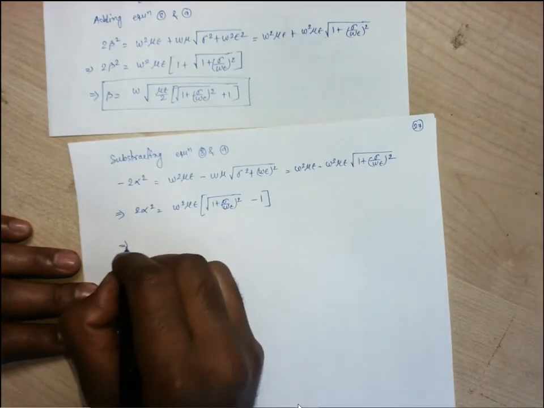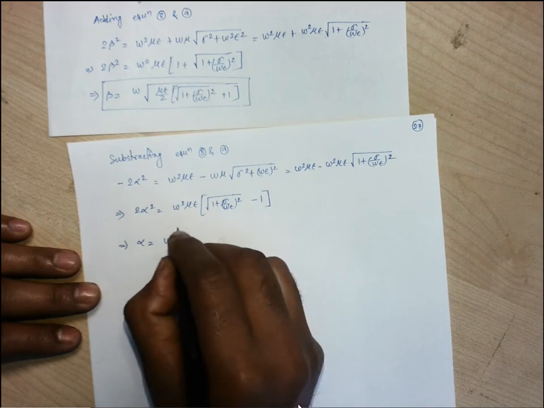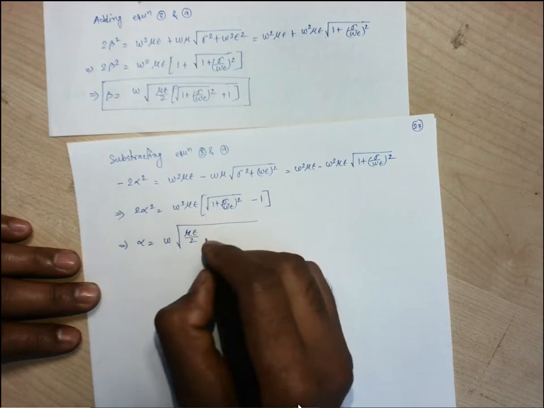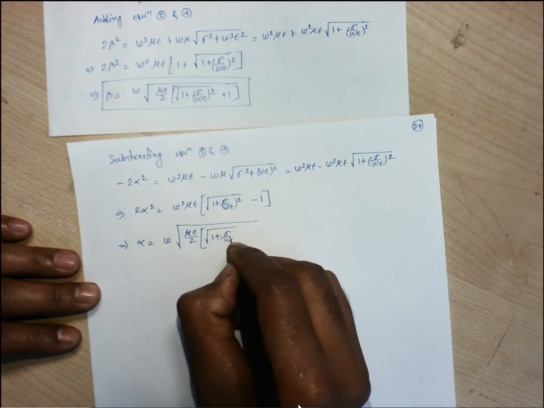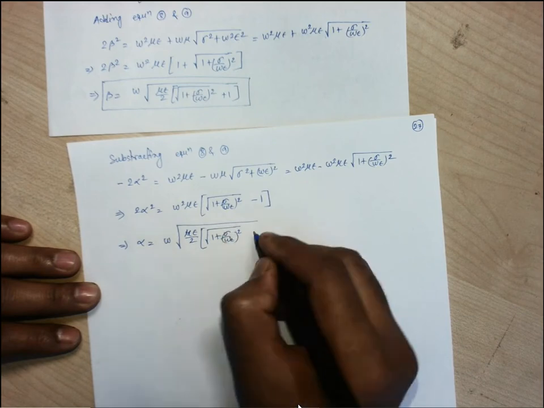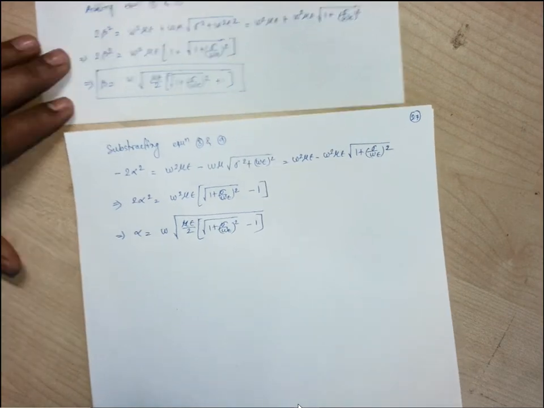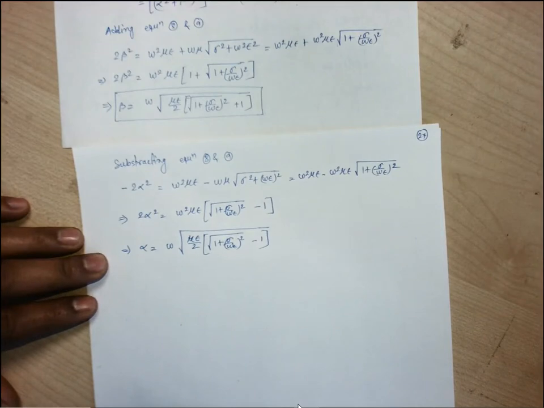So the alpha value is omega root over of mu epsilon by 2 into root over of 1 plus sigma by omega epsilon whole square minus 1. So these are the two expressions, one is beta, one is alpha.